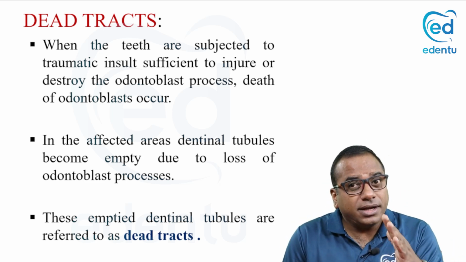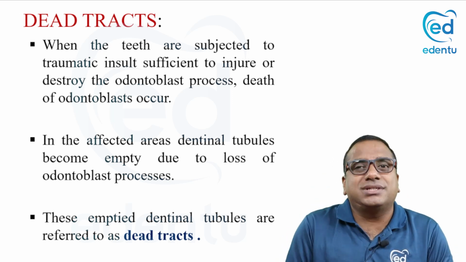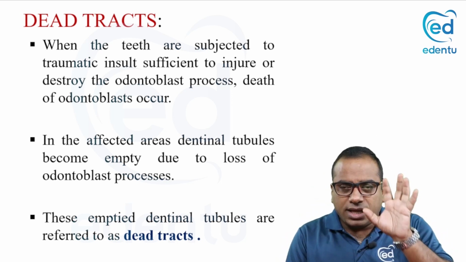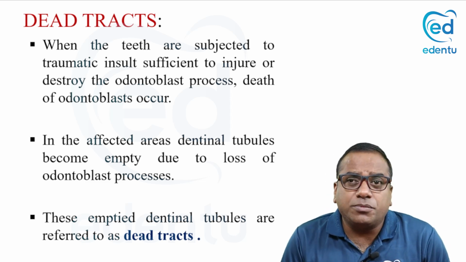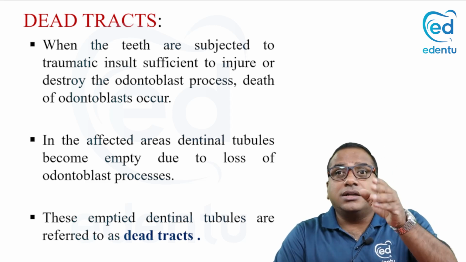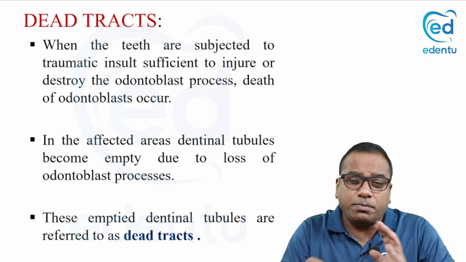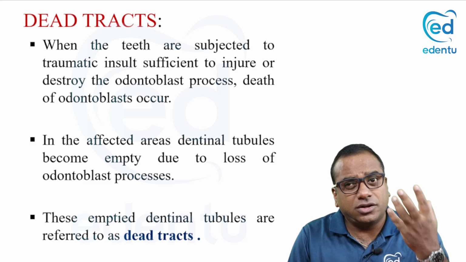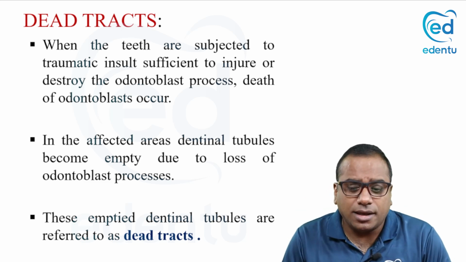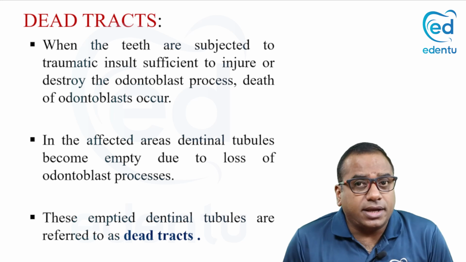Whenever you take a cross section, air goes inside these empty dentinal tubules, and they appear dark under transmitted light and white under reflected light. So based on different types of light, they will appear bright or dark. This is what you should know.